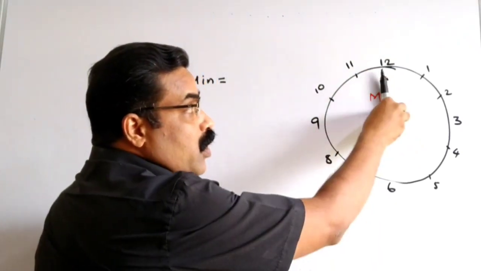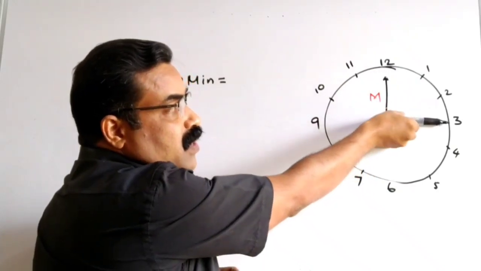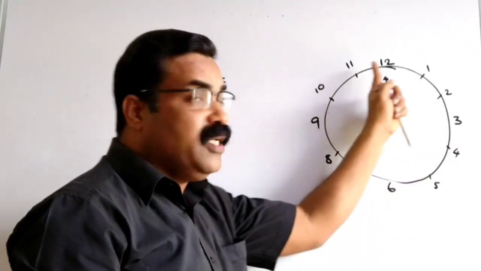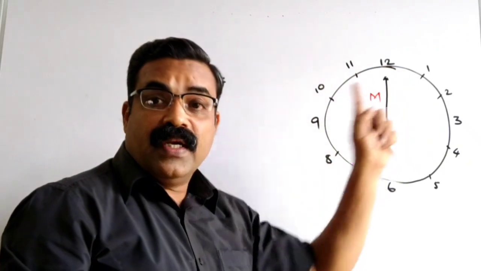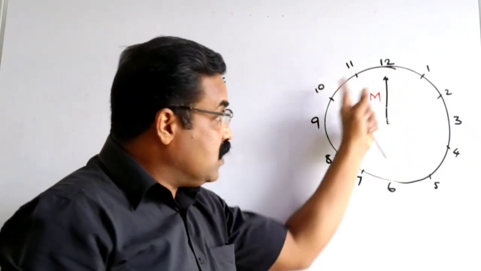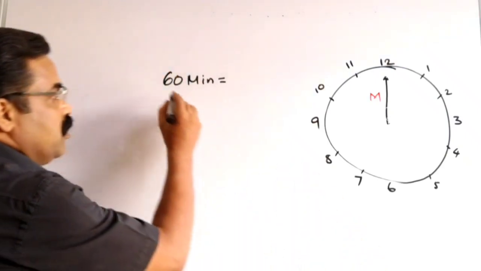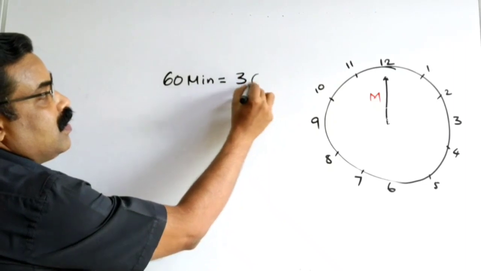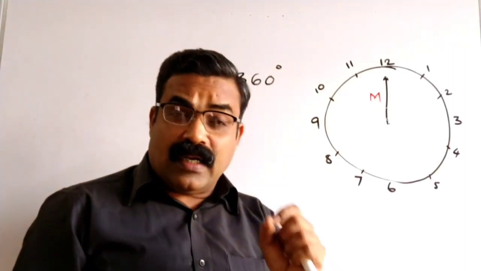When the minute hand moves from 12 to 1, this is 5 minutes, then 10 minutes, 15 minutes, 20 minutes, and so on. When it completes one full rotation, it makes 60 minutes. That 60 minutes will be equal to 360 degrees. So 60 minutes is equal to 360 degrees.